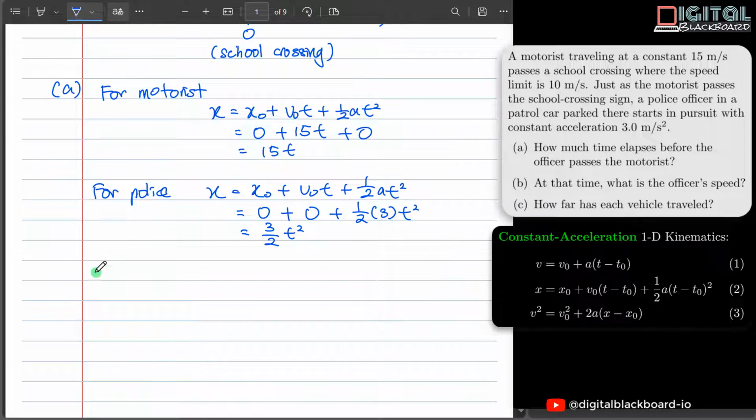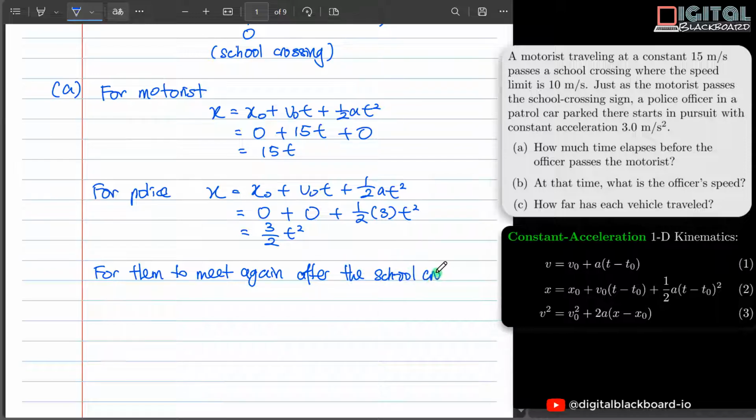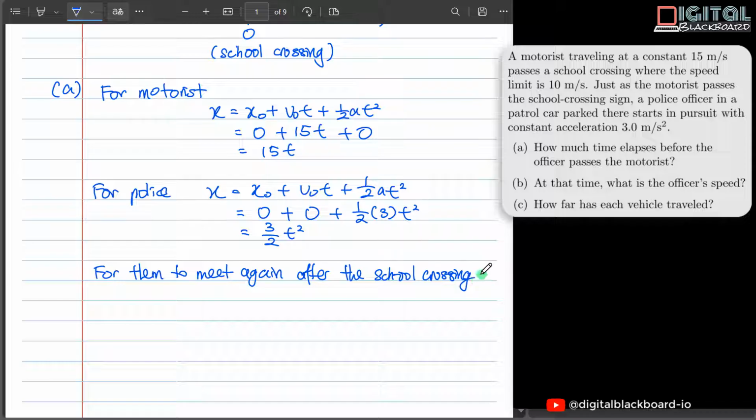Now, for them to meet again after the school crossing, this would mean that 15t has to be equal to 3 over 2 t squared.